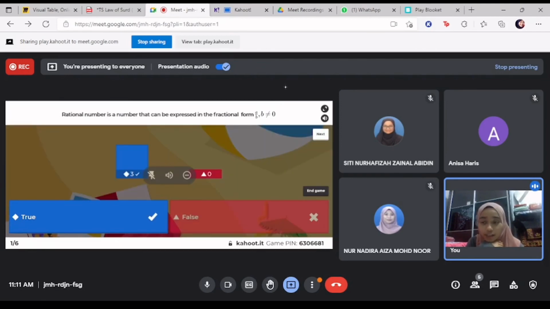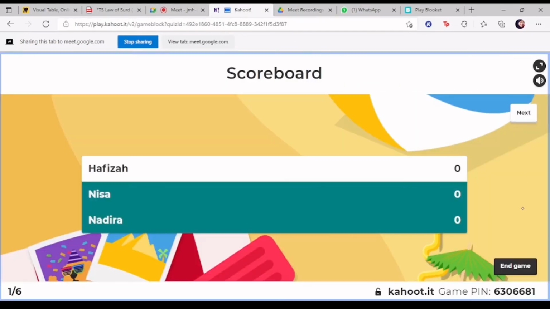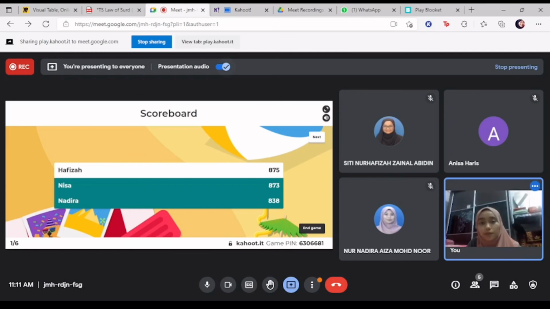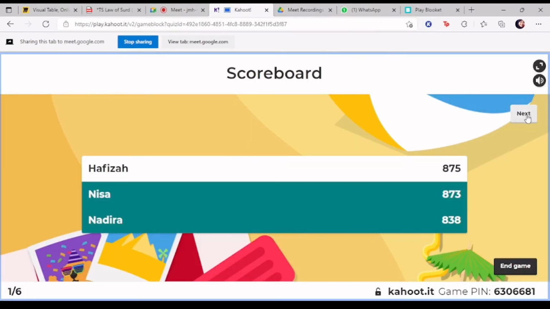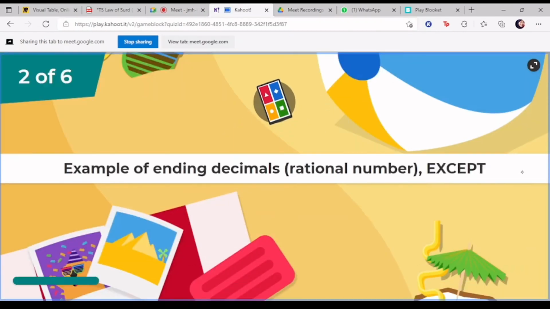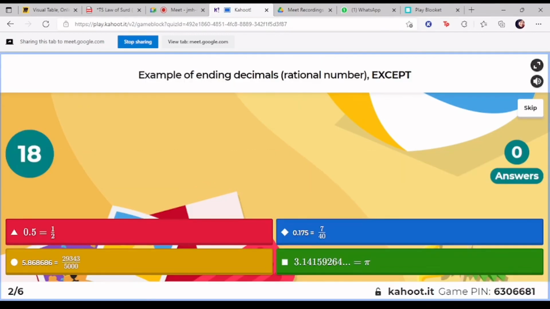Okay, all got correct for the first question. So next. Example of ending decimals. Ending decimals are rational numbers.